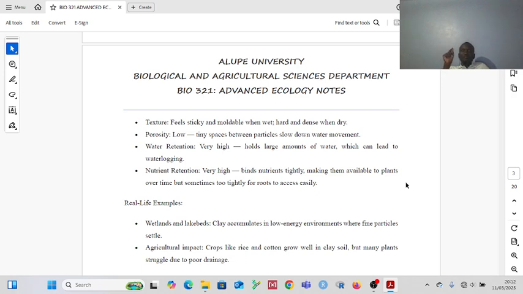So water cannot pass through those spaces very fast. Because of that high water retention ability, most of the clay soil will be associated with waterlogging. The water logs in this soil.